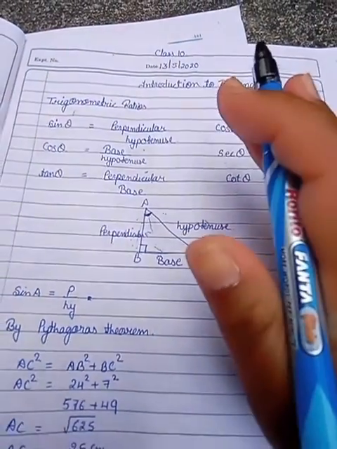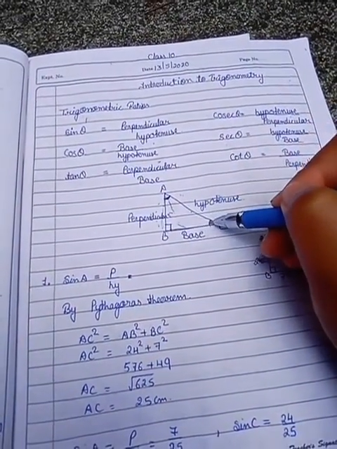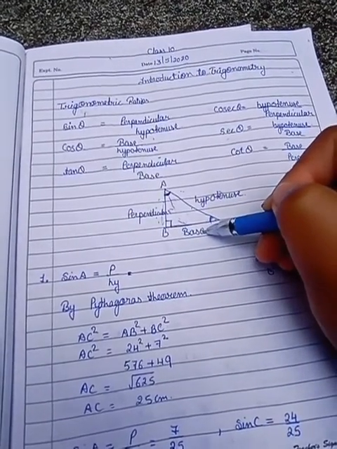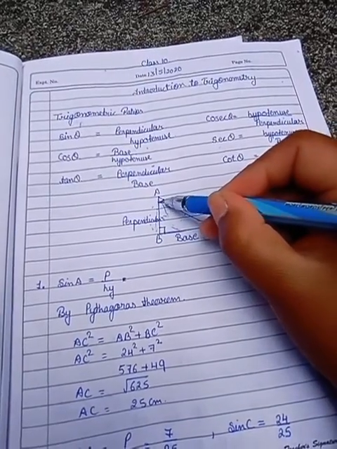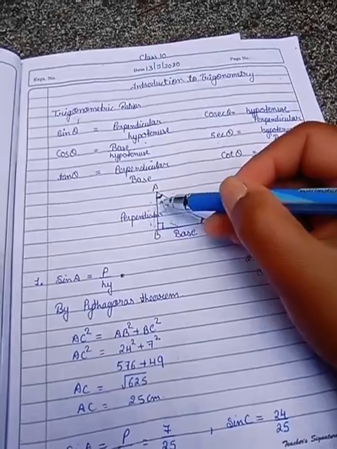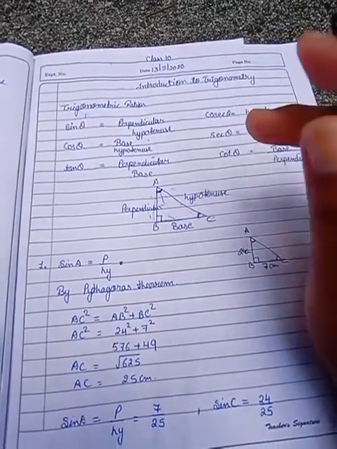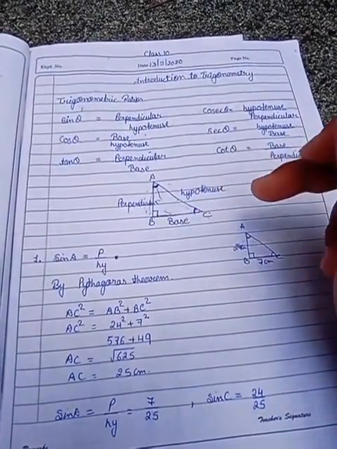Hypotenuse will remain the same; it will not change in any case. Similarly, if we talk about this angle, then this side becomes the base for it and the opposite one is perpendicular. This is the most important concept which you have to remember when you do these questions.